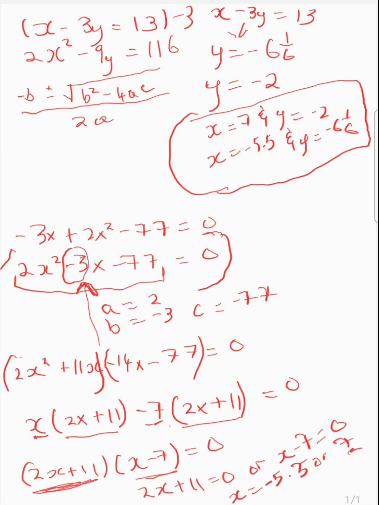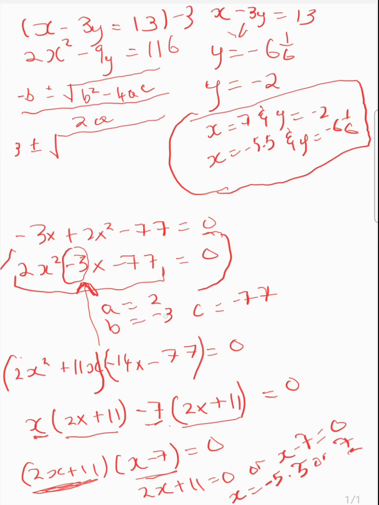So now let's substitute them. Minus b is minus 3. When we substitute it here, we are simply going to be left with 3, because minus multiplied by minus is going to give us positive. So it's going to be 3 plus or minus square root.